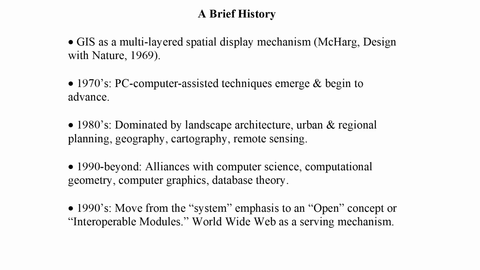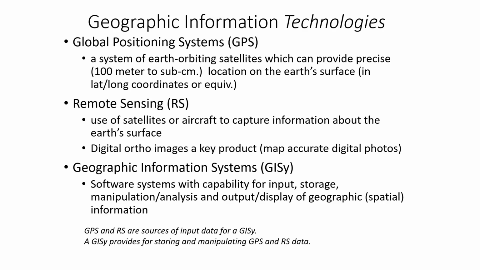And after the 1990s, scientists began to speak about alliances with computer sciences, computational geometry, computer graphics, database theory. Nowadays, the main highway of data exchange is the World Wide Web.